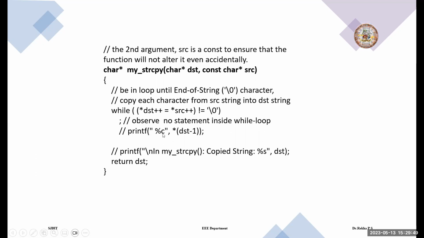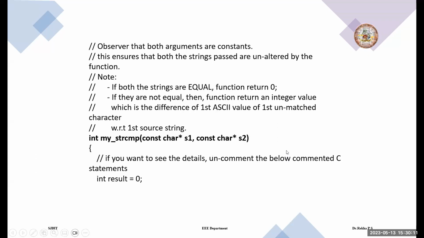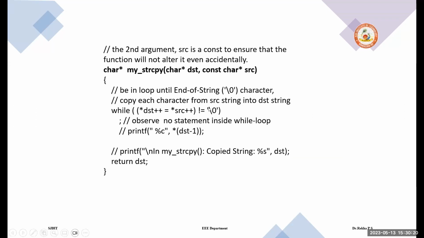Next, when the function is called, it will print the copied string, which is stored in DST. Because the source is copied to DST, that's why you are printing the DST value here. So you have to observe both the arguments. This is for string copy.